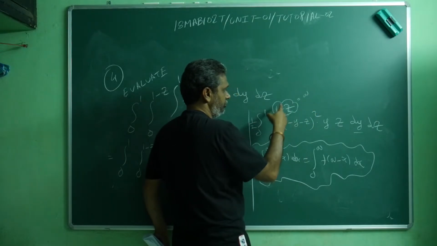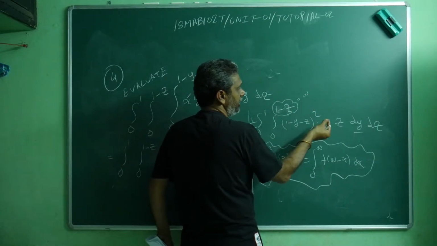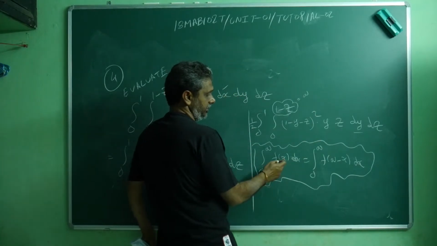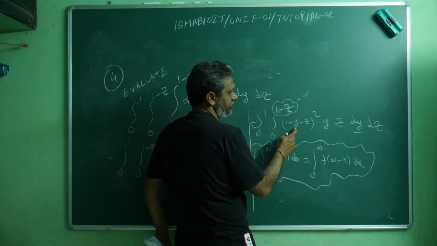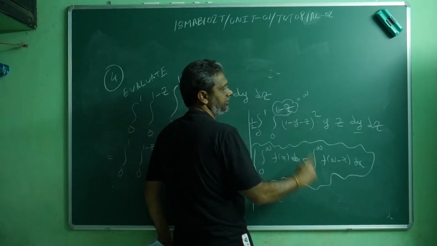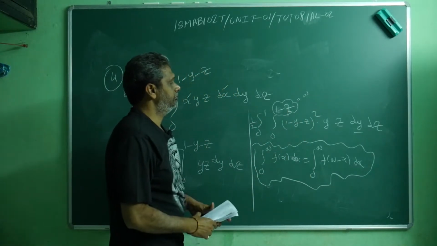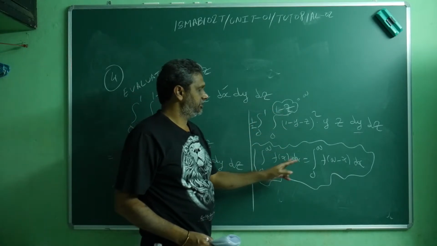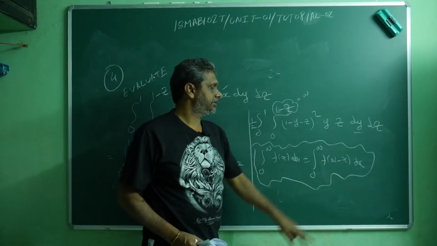So integral 0 to a, where I am having y, I will write a minus y. If x, then a minus x. Getting or not? So integral 0 to a f of x, where I am having x, I am replacing it by a minus x.